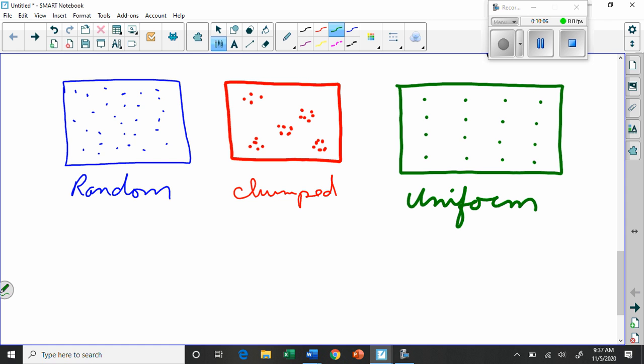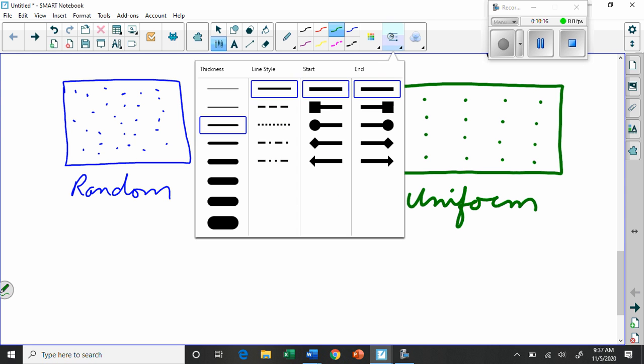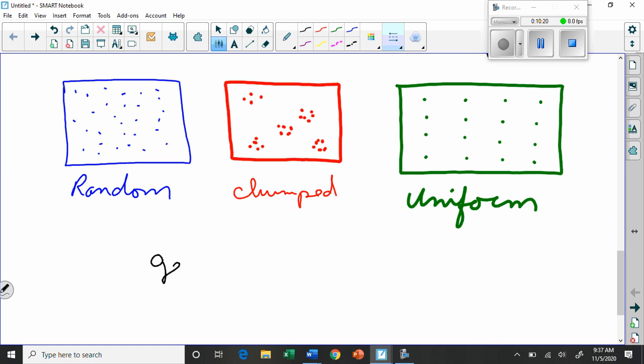So it's a little bit different than random because there's a specific sort of pattern, but it's not clumped up. So these are the three general ideas, right? These are all just general patterns. But of course, like anything, there can be anything in between, right? So something might look a little bit uniform, but still be kind of clumped.